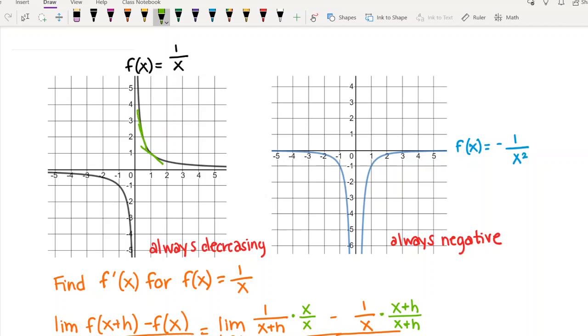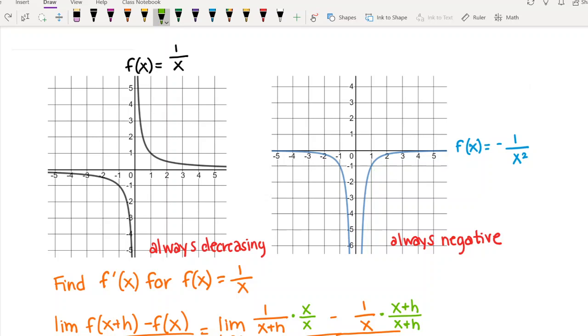And if you go here, it's going to be even more steep. And here it's going to be even more steep. And so that fits with the fact that if you look at the y values of the derivative, they're just going down and down and down. That's because the slopes of the tangent lines are getting more and more steep if you look at your original function.